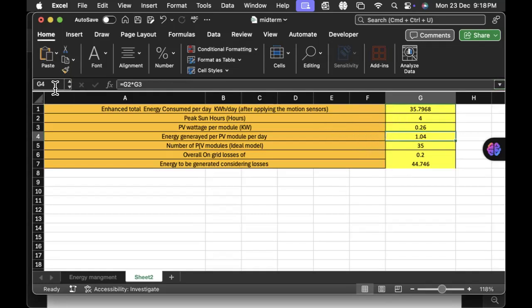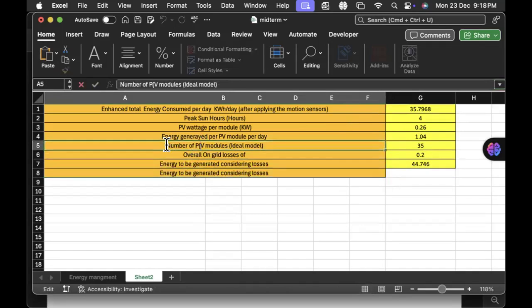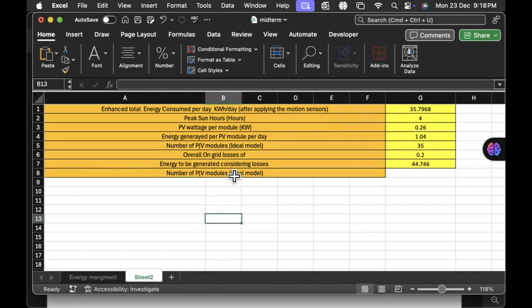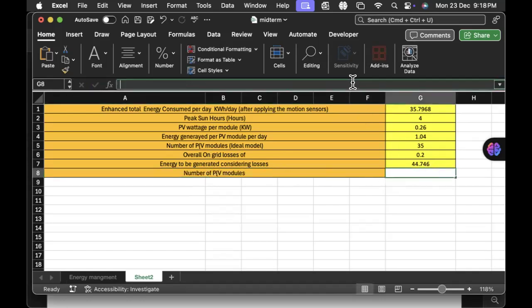So now I can recalculate the number of PV needed, not in the ideal case, this is the real number of PV modules. In this case, this will be this 44 divided by this 1.04, which is 43.025.